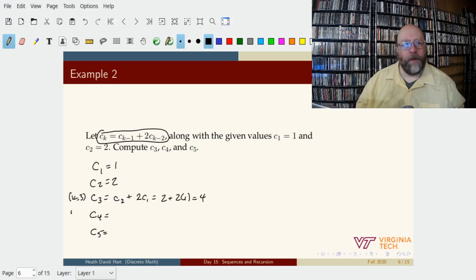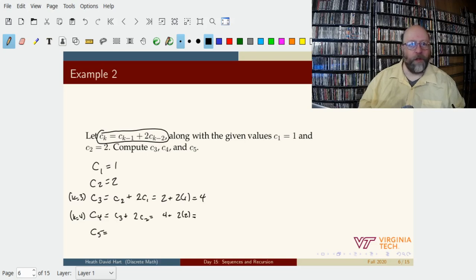All right, C4, k equals 4, is C3 plus 2 times C2, which is 4 plus 2 times 2, which is 8. All right, C5 is C4 plus 2 times C3, and that's 8 plus 2 times 4, and that's going to equal 16.